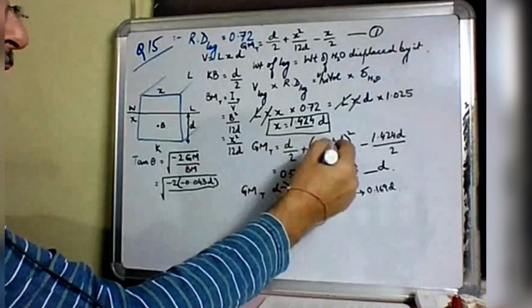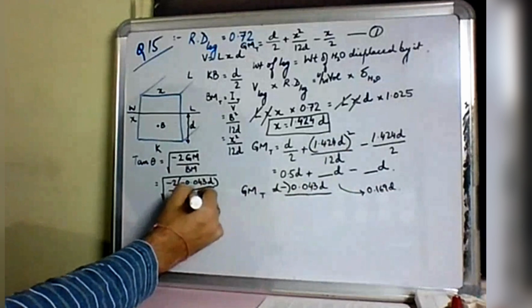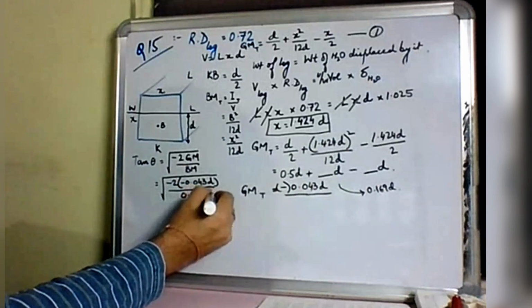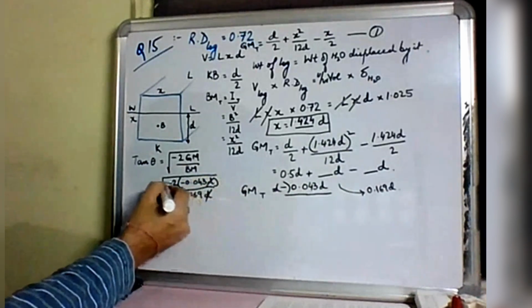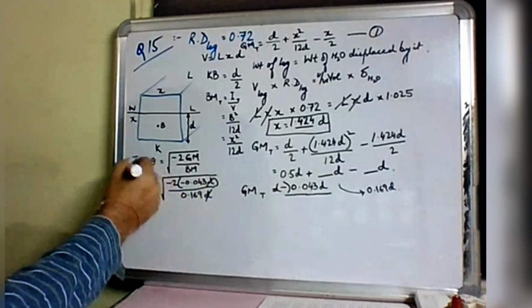BM की वैल्यू ये थी, ये आपने निकाली 0.169d. d cancels. फाइंड आउट इसका स्क्वायर रूट एंड उसका tan इनवर्स कर दो.